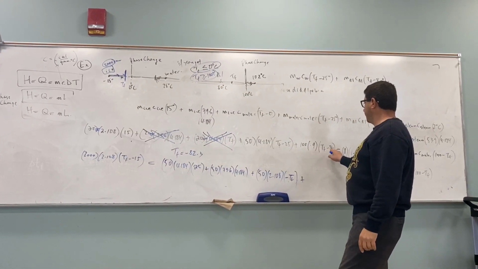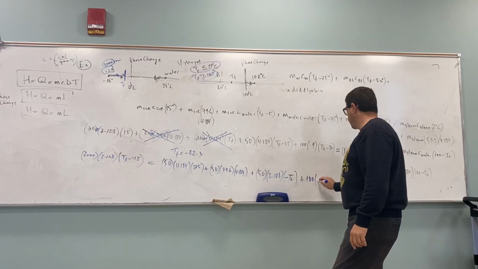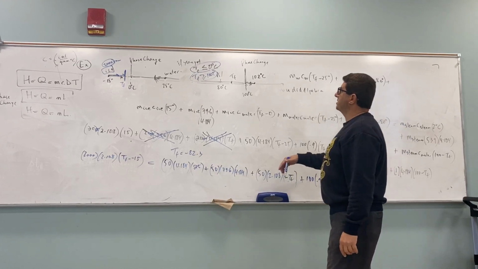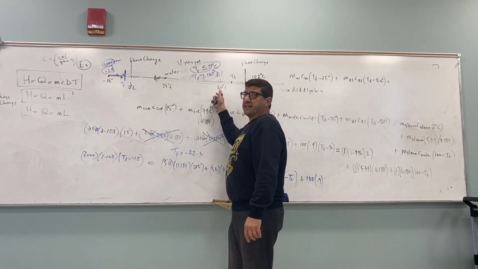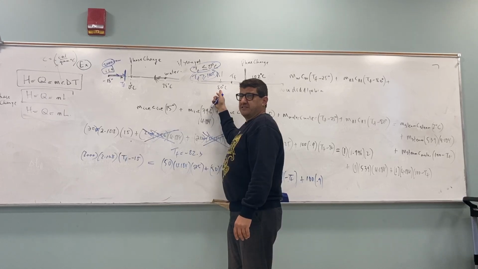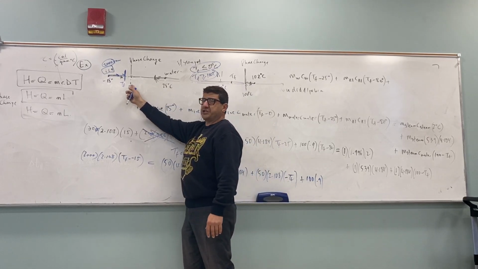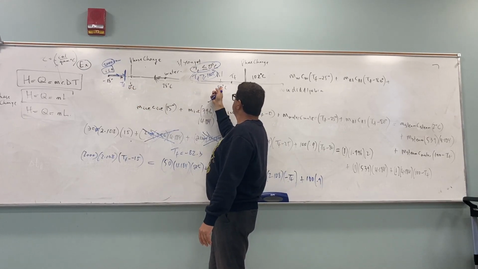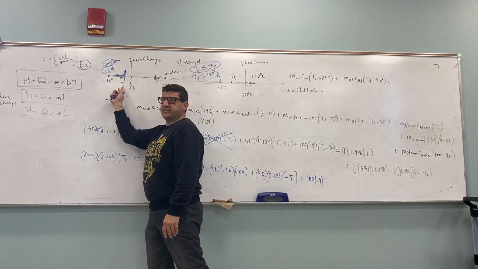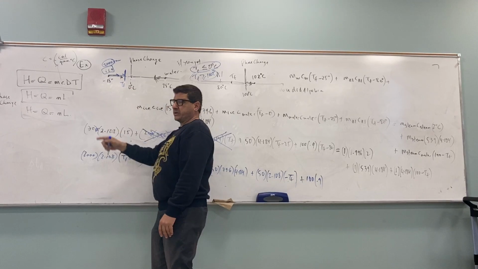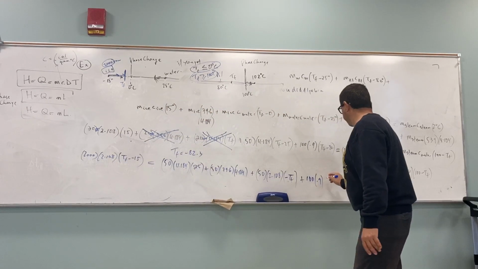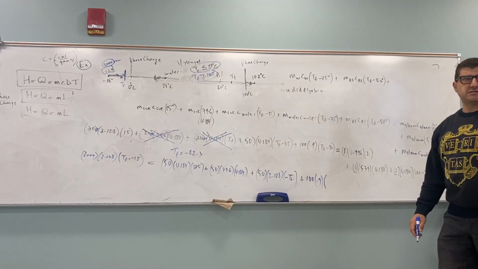Then I have this guy, 100 times 0.9 times what? Well, aluminum has no phase change. You see, just because water has a phase change at 0, aluminum has no phase change. So it goes directly from 80 to TF, right? So it's just 100 times 0.9 times, how should I write it?